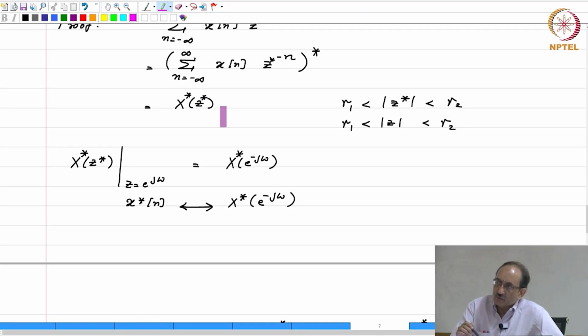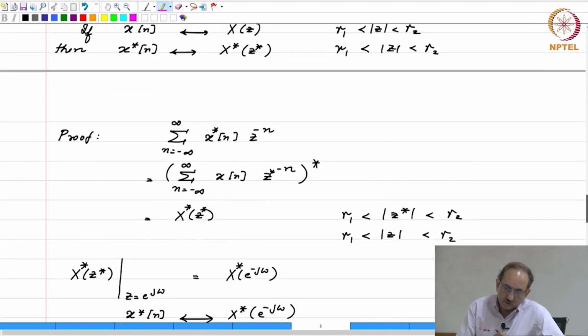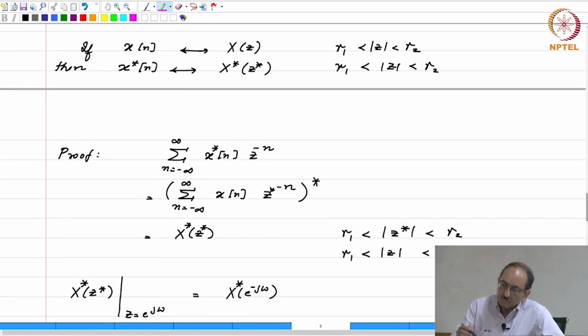For a real sequence x of n, because x of z equals x star of z star, when the variable z is real, you can conclude that the transform also is real. That is not surprising, because if you look at this from the plain definition, this is x of n times z to the minus n summed up over all n.